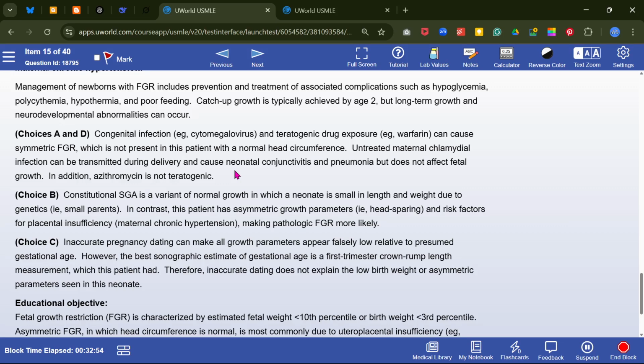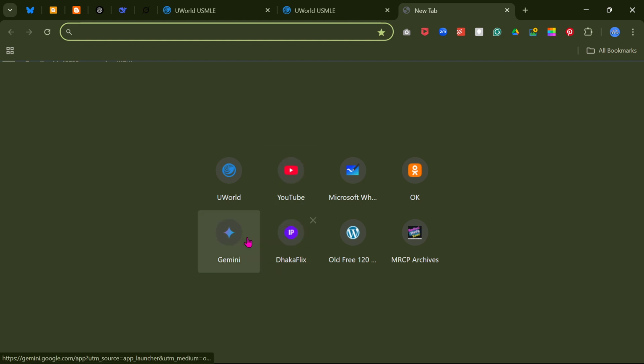How this crown rump length is measured, I do not know. Okay, maybe.